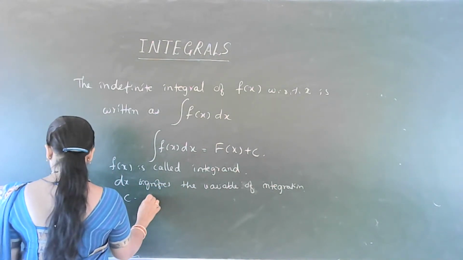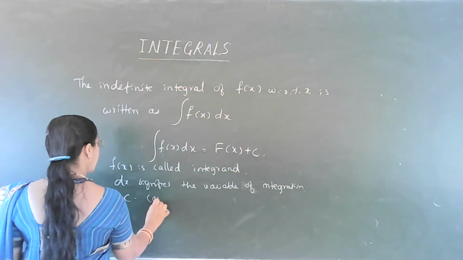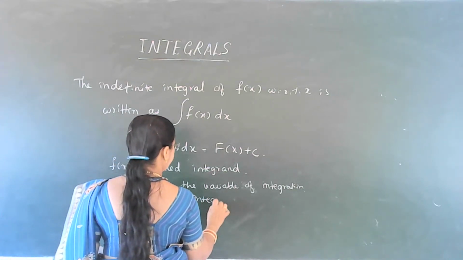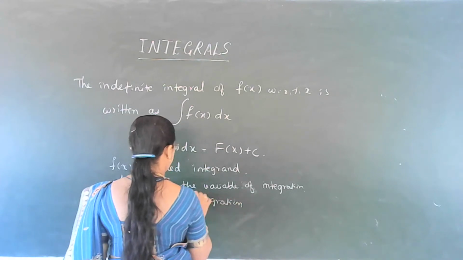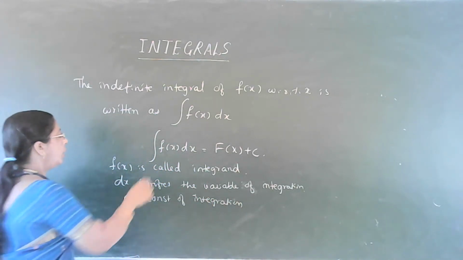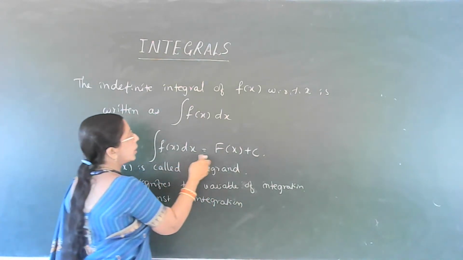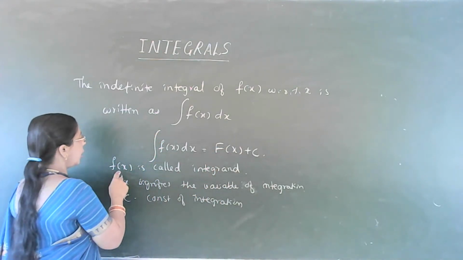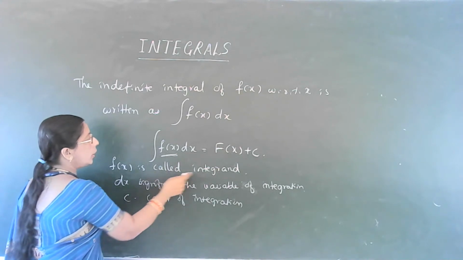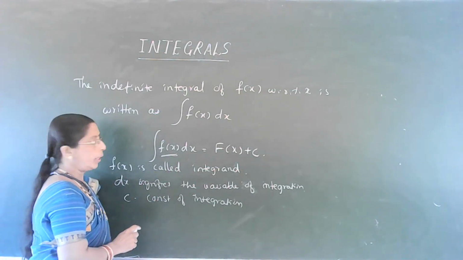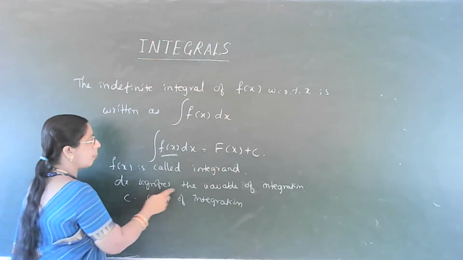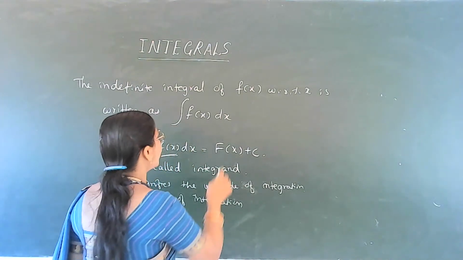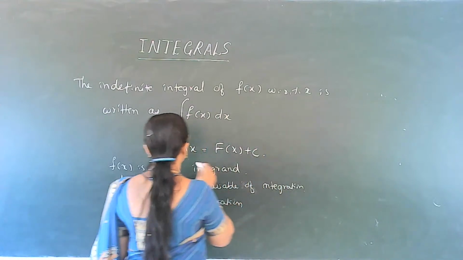Then c is the constant of integration. Here, integration of f of x dx is F of x plus c. Here, f of x is called the integrand, and dx signifies the variable of integration. The variable is with respect to x.